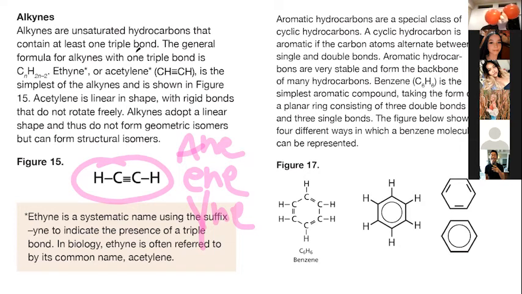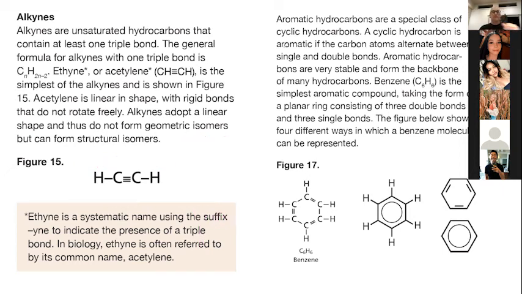Linear. It's linear, exactly. So these are going to be linear molecules. So they have very rigid bonds. You can imagine triple bonds are really locked in place. So nobody's going anywhere, and it's linear. So basically it just rotates. It doesn't even spin.